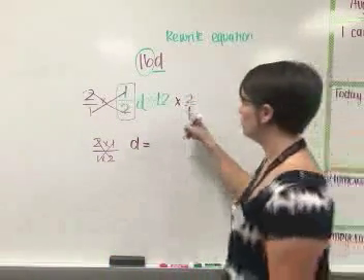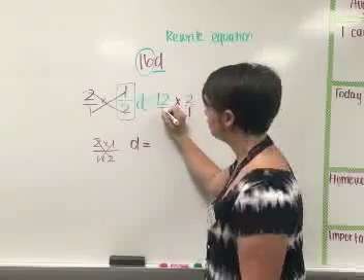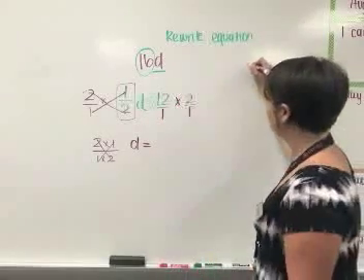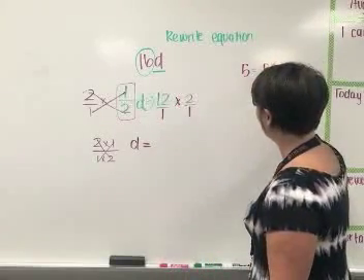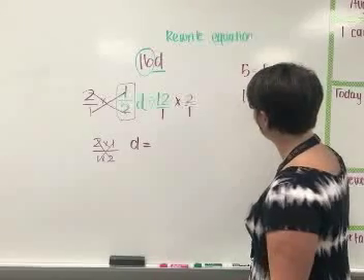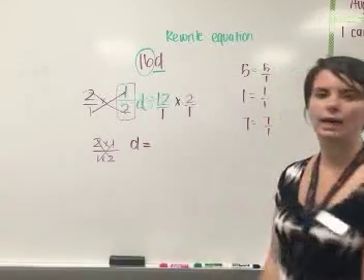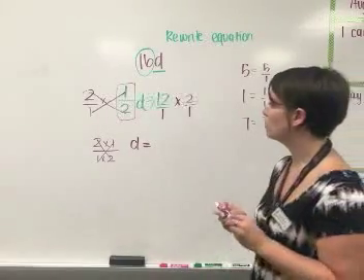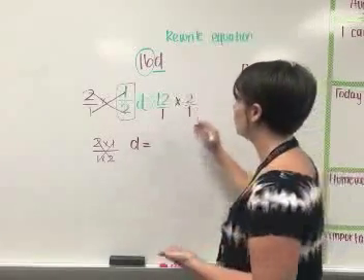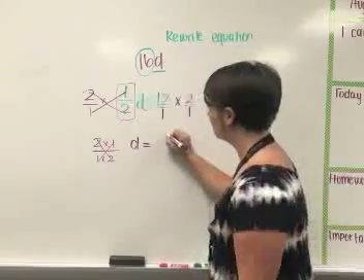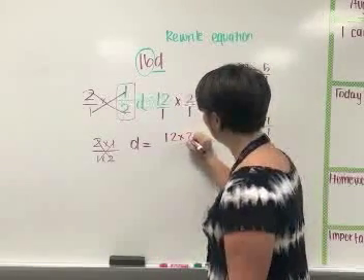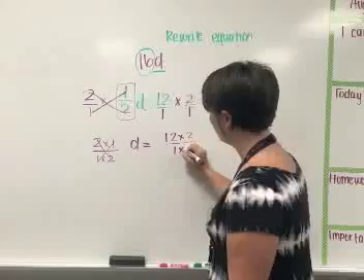Now, we always know that any number is that number over 1. 5 is actually 5/1. 1 is actually 1/1. 7 is actually 7/1. Okay? So I take 12/1 and I multiply it by 2/1. Now, that just means 12 times 2 over 1 times 1.